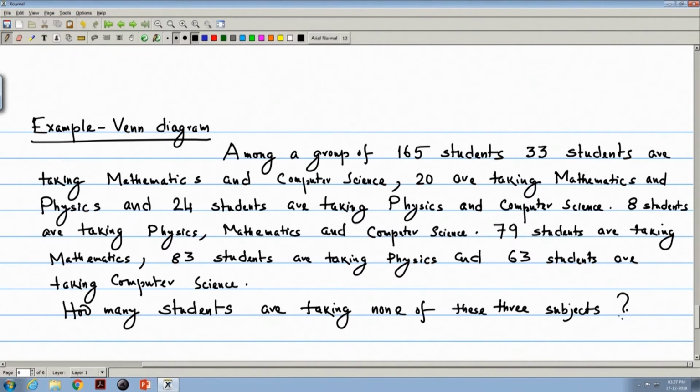So, this is clearly a problem of set union, intersection, set difference, using mainly these 3 operations.